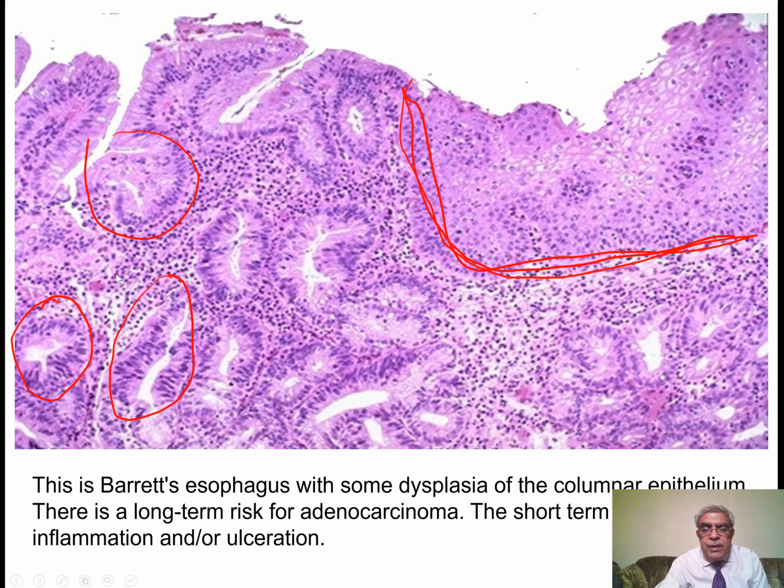This is Barrett's esophagus with some dysplasia of the columnar epithelium. There is a long-term risk for adenocarcinoma, the short-term problem is inflammation or ulceration.